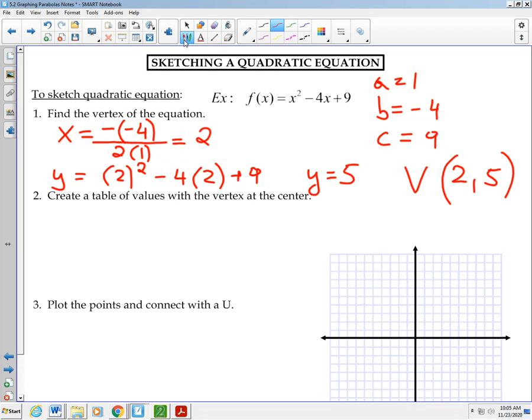Next thing you will do, you will create a table of values with vertex as the center. By the way, 2 comma 5 is over here. So your vertex is here. And we know from the equation that the parabola should open up because a is positive. So if you think about x and y, 2 goes here, 5 here.